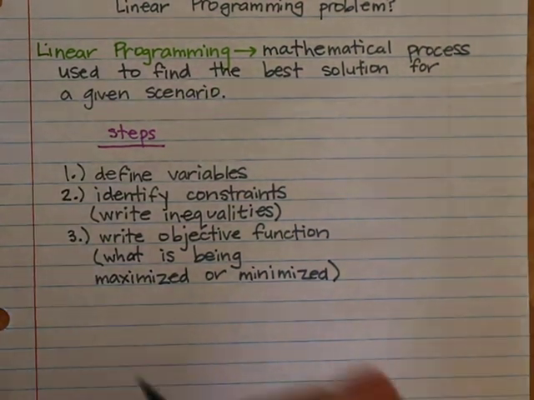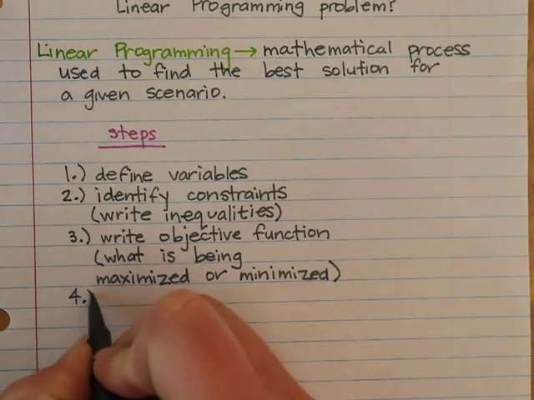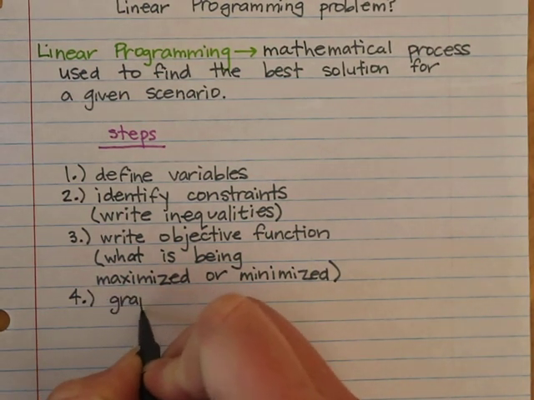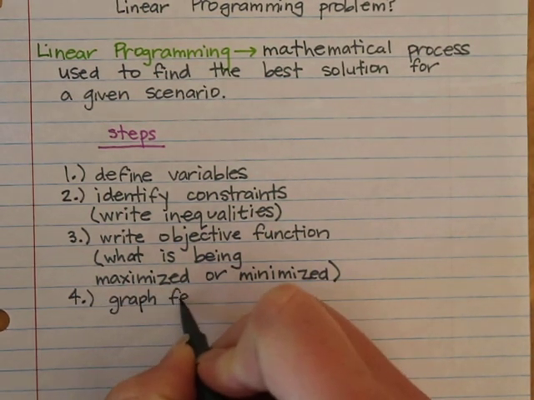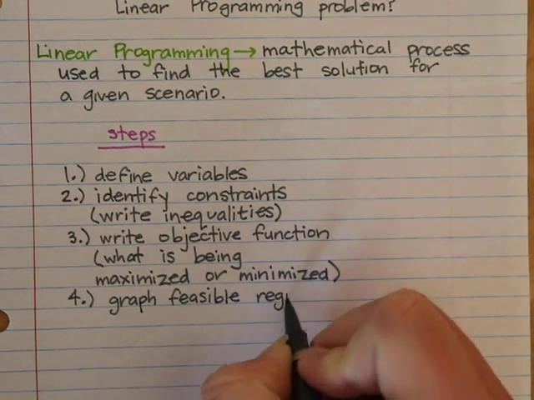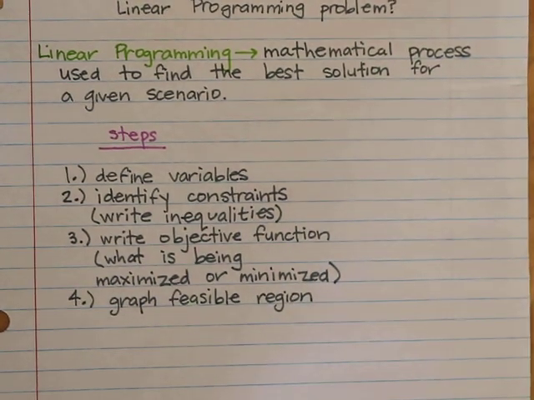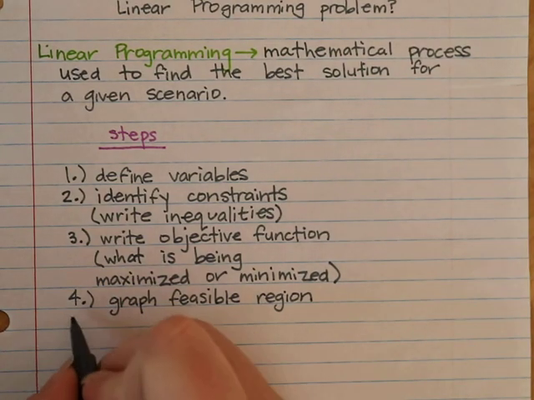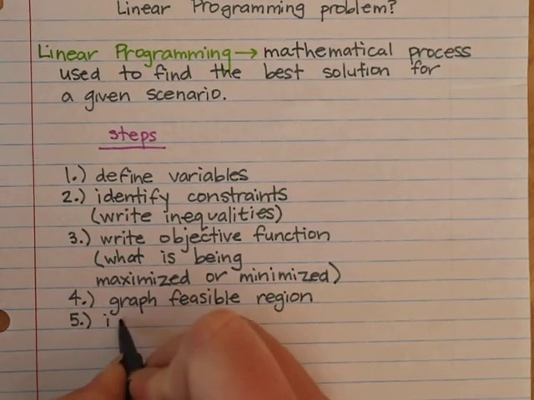Then we're going to take all of those constraints and graph what's called the feasible region. We are going to identify the vertices of that.